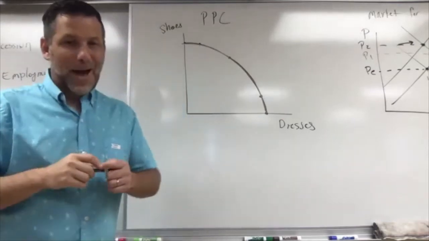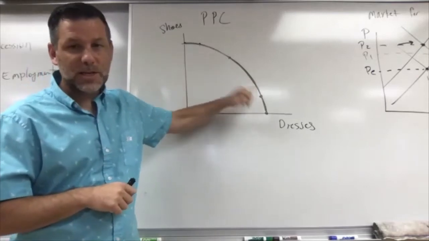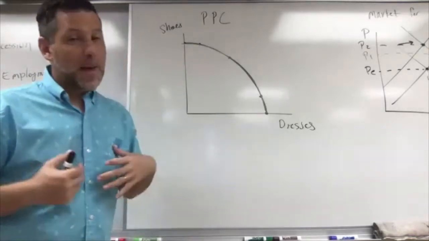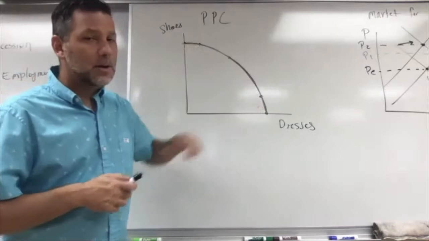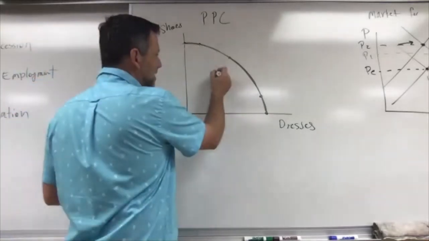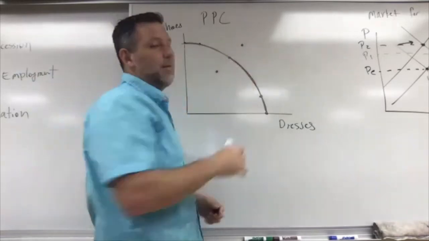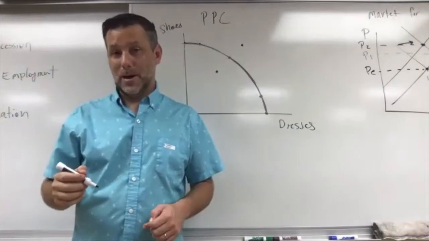It doesn't really matter if you're at this point, or this point, or this point. What matters in macroeconomics is: are we on the line, or are we on the inside of the line, or are we on the outside of the line? That's what really matters in macroeconomics.